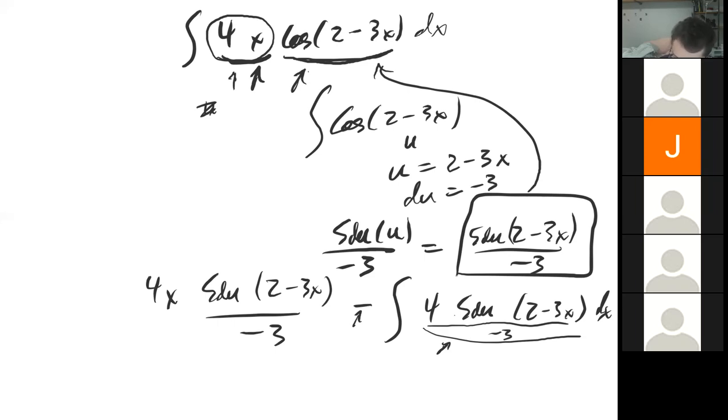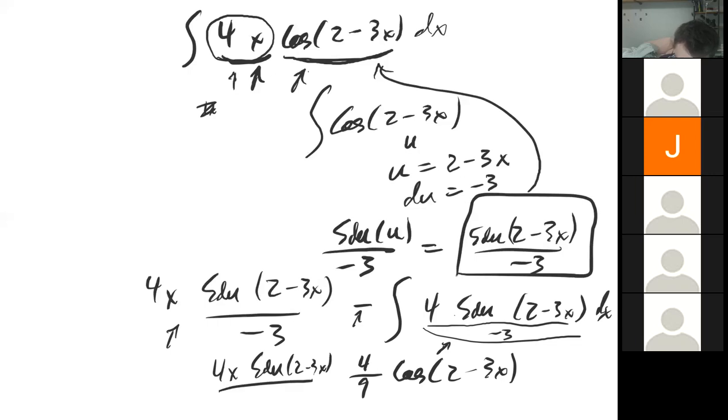Then you have 4 over 9 cosine(2 minus 3x), and this part just stays the same: 4x sine(2 minus 3x) over minus 3. Hopefully I didn't make a mistake, but that is the idea.